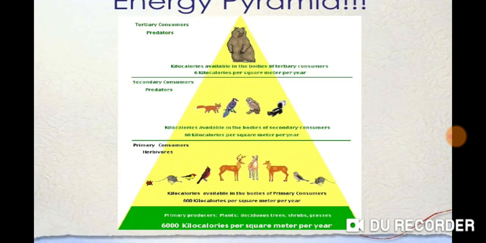I would also like to discuss another term, the pyramid of biomass. The pyramid of biomass shows how much energy is transferred at each trophic level.